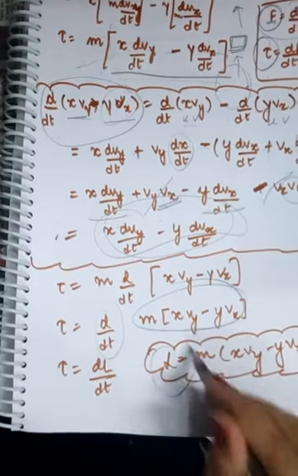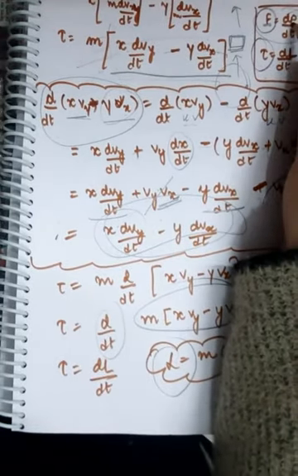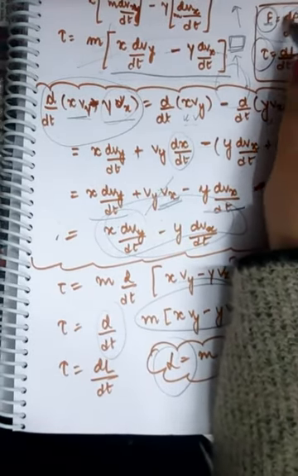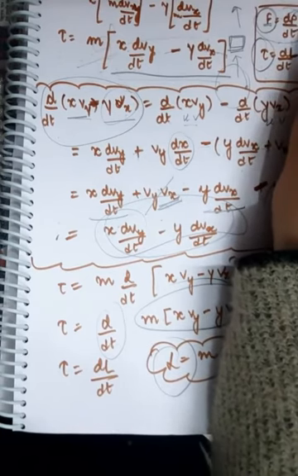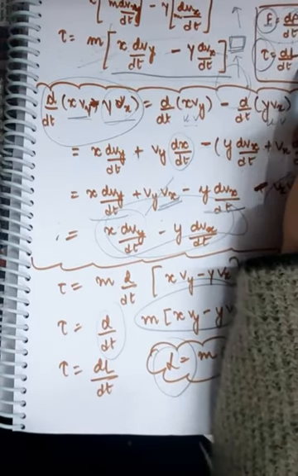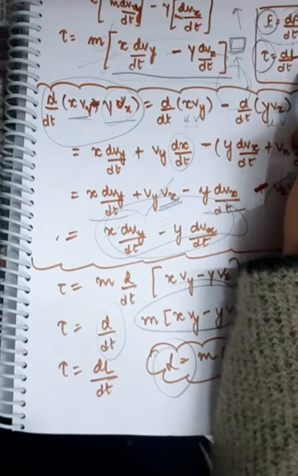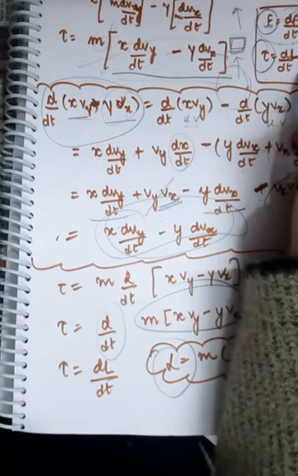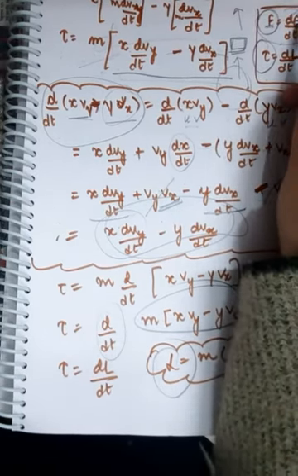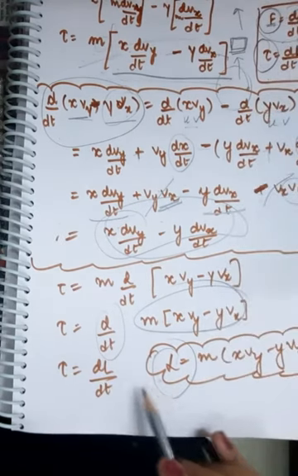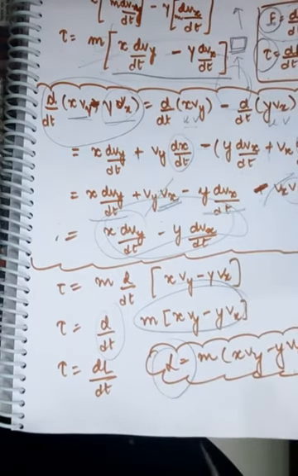Now this L has taken the place of P. P used to be there in linear motion, dp/dt, and L is there in rotational motion. P was linear momentum, so this is the rotational analog of linear momentum, and it is called angular momentum.